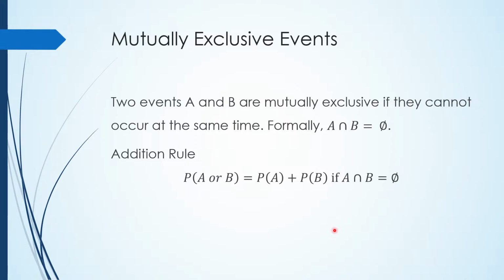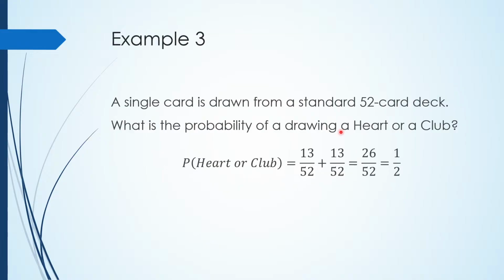So whenever event A happens, event B cannot happen. So the probability of getting either event A or event B is simply the sum of their probabilities. And the intersection of A and B is an empty set because they don't have anything in common. They don't happen at the same time.